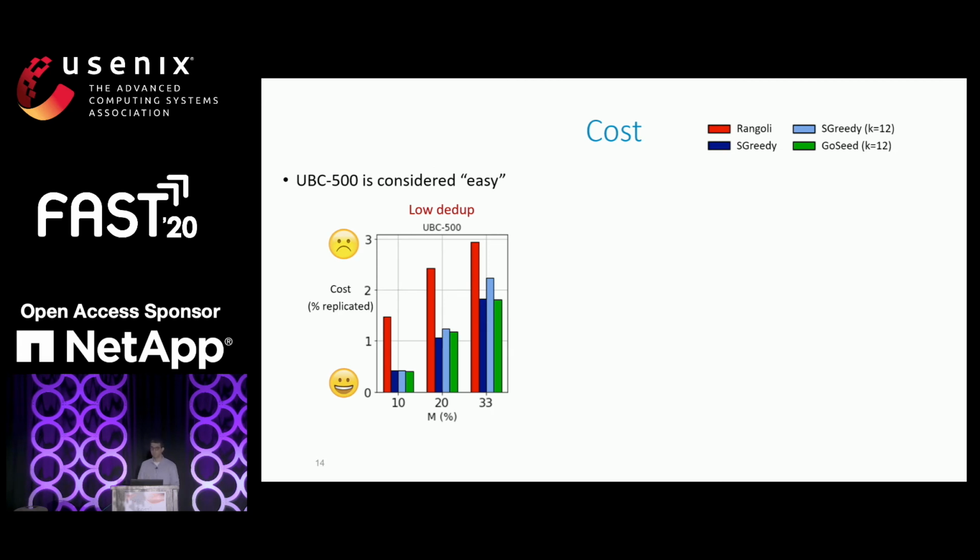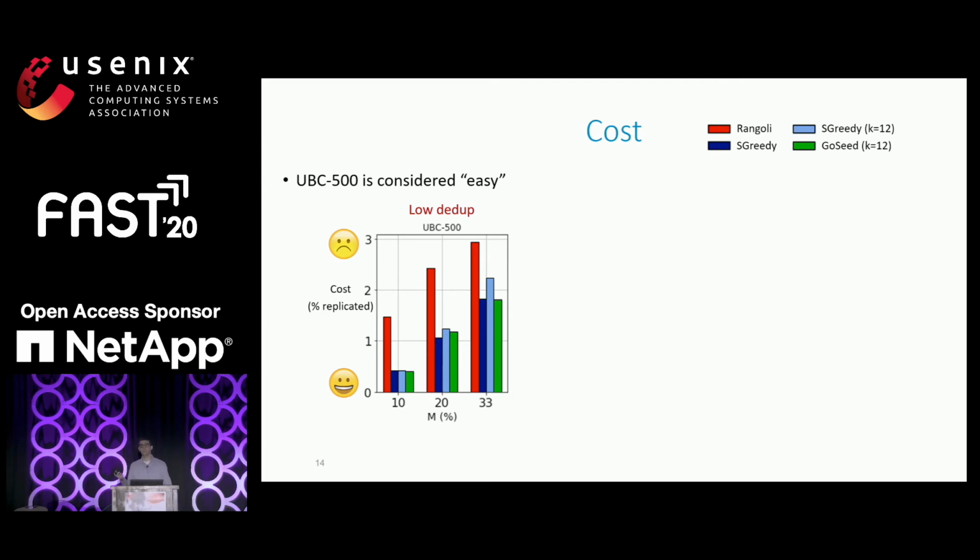The first comparison we're going to look at is the cost comparison. Here we have on the x-axis M, the parameter of the physical occupancy we want to choose for the migration.